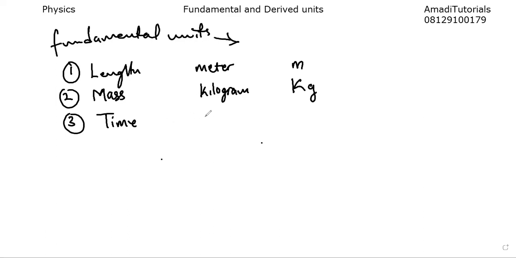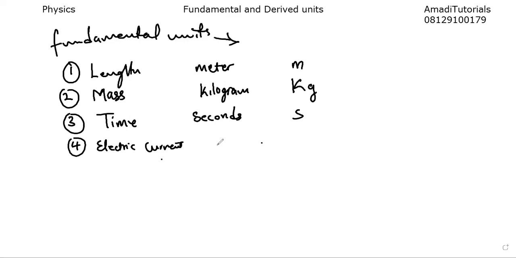So the unit for measuring time is the second, and the symbol is small letter s. These are the main three that are very necessary. And then the next one that is also taken into consideration is electric current.